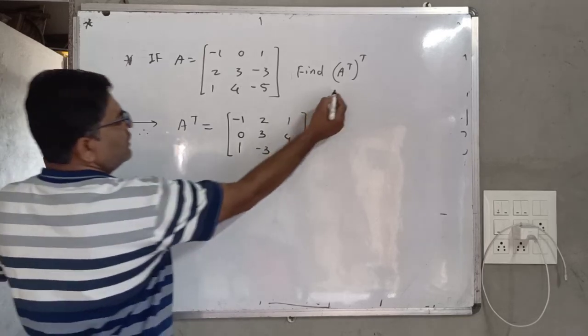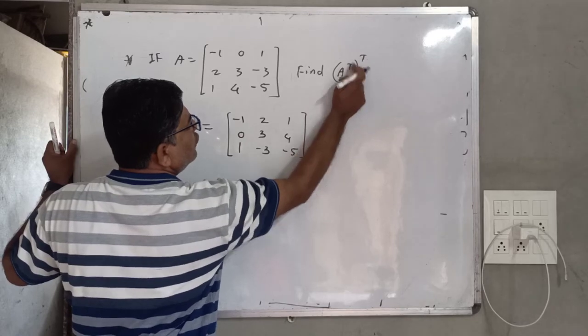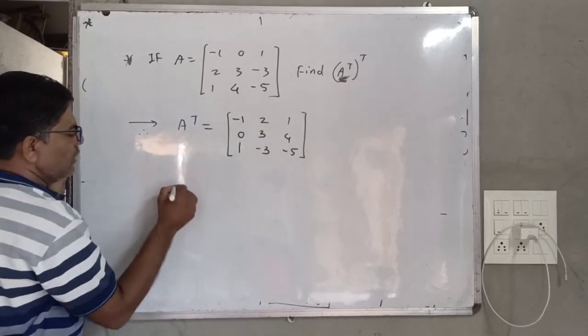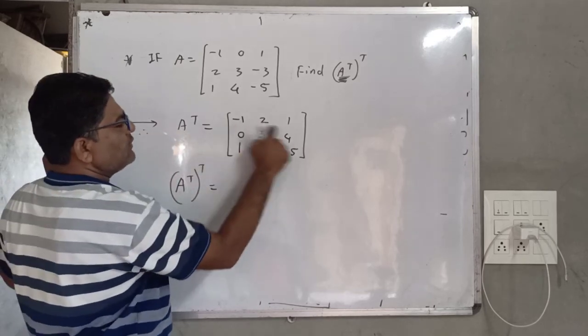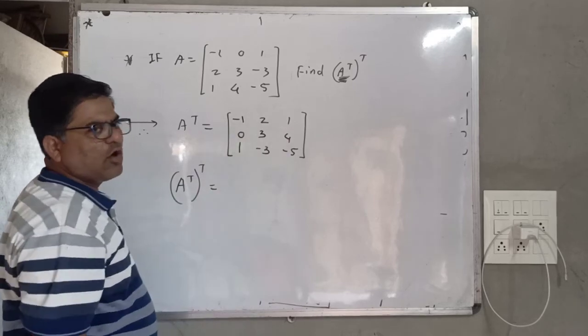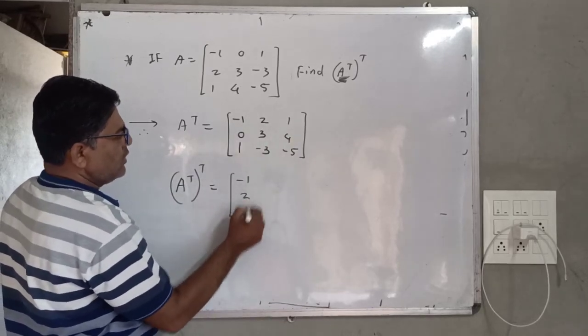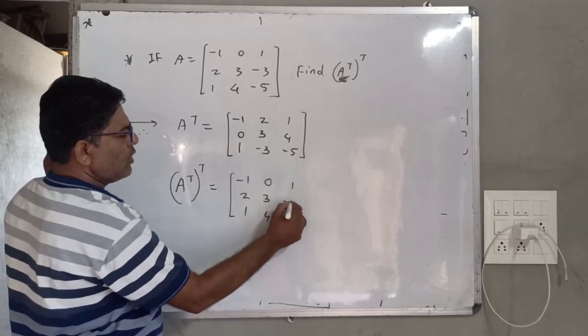Now again take the transpose of this transpose, meaning transpose of transpose. Again interchange the rows and columns. This row becomes a column, this row becomes a column, this row becomes a column.